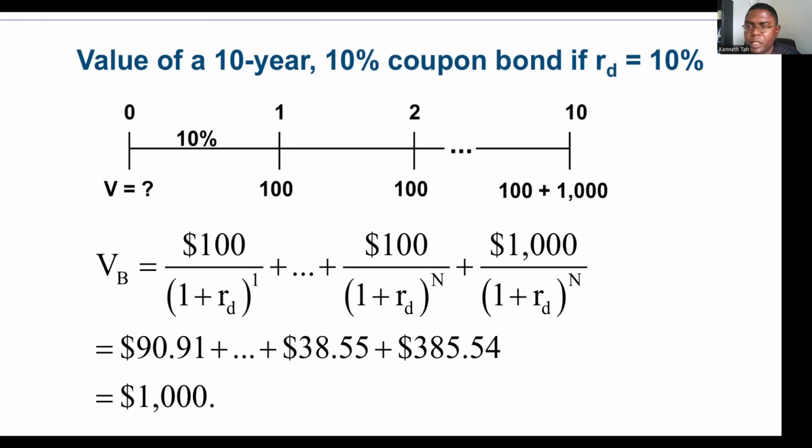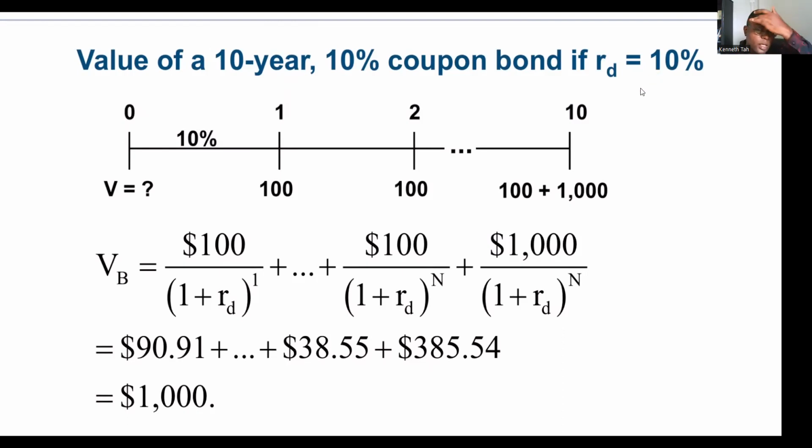So in this question, we are interested in calculating the value of the bond. This bond has 10 years maturity, coupon rate is 10%, and interest rate or yield to maturity is 10%.